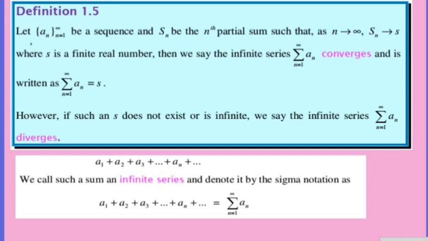Let a_n be a sequence and S_n be the nth partial sum, such that when n is getting bigger and bigger, this partial sum will approach a certain real number.